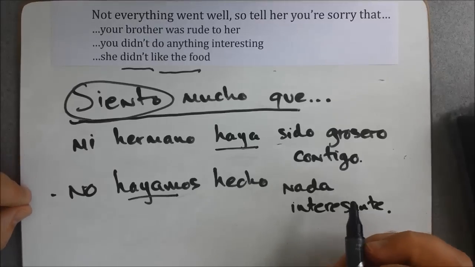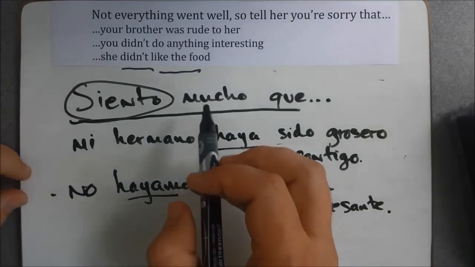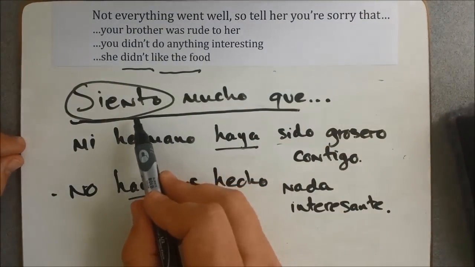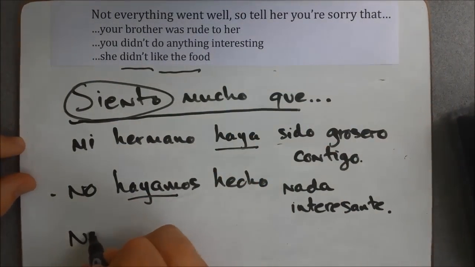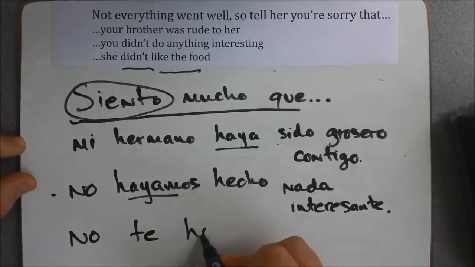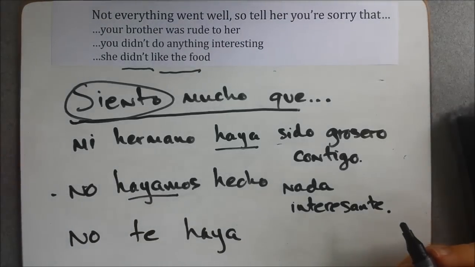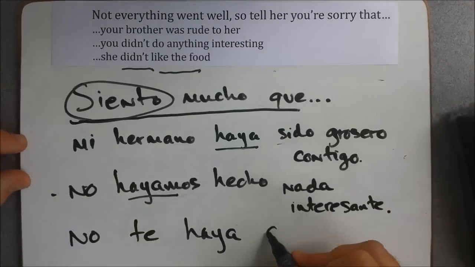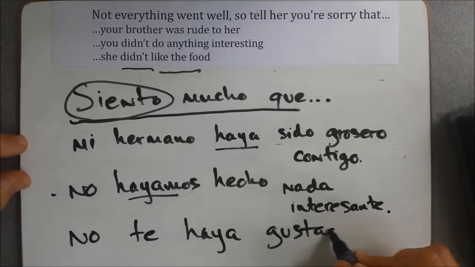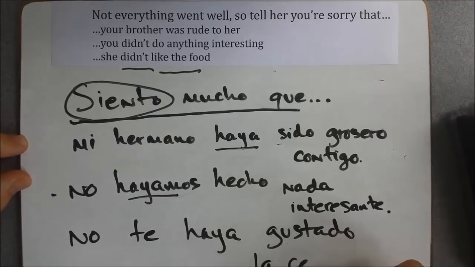We're using the present perfect subjunctive in Spanish. So, siento mucho que, I'm very sorry that, no te haya, because we're going to be talking about comida, so it's singular, que no te haya gustado la comida. Siento mucho que no te haya gustado la comida.